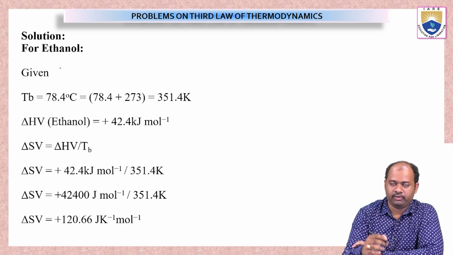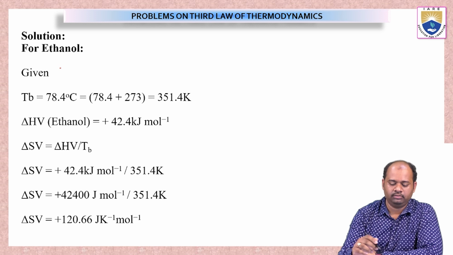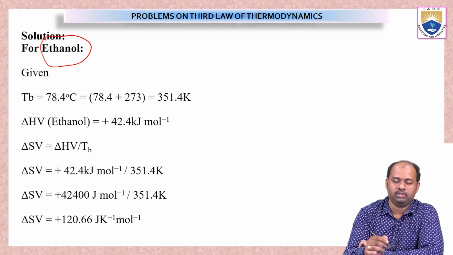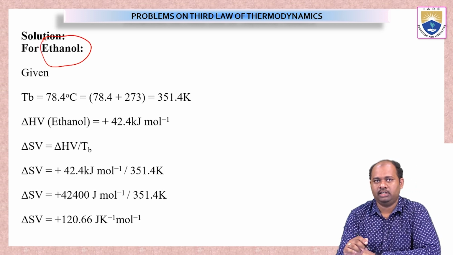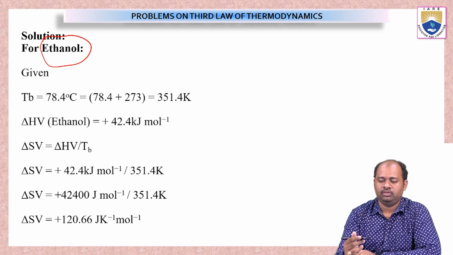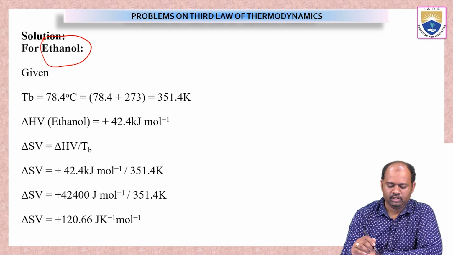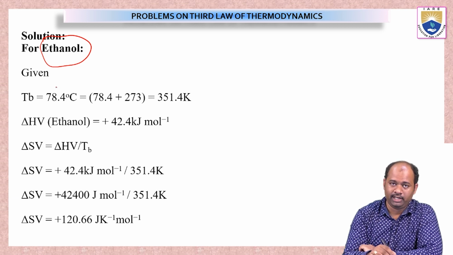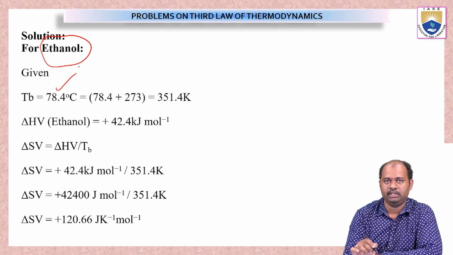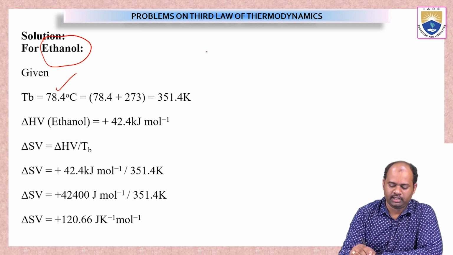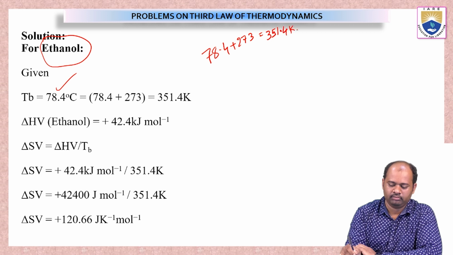First of all we are calculating for ethanol. Ethanol is a chemical which is used in most of the industries, where it is burned and some amount of energy is released. This is the given data: the boiling point is 78.4 degrees centigrade. So we will convert this, 78.4 plus 273, which is equal to 351.4 Kelvin.